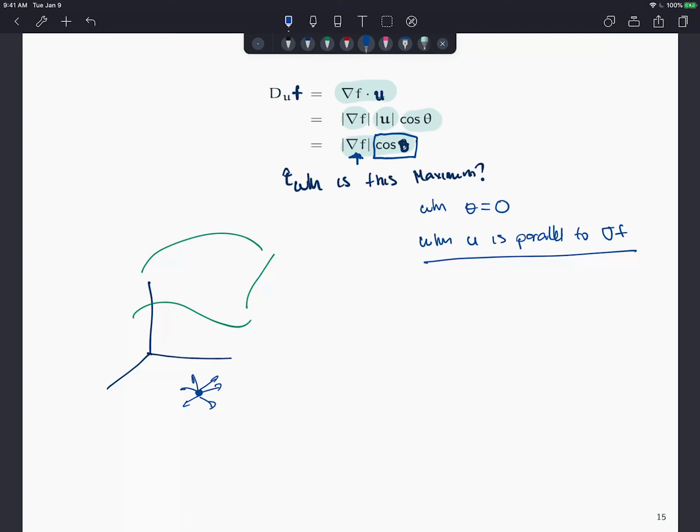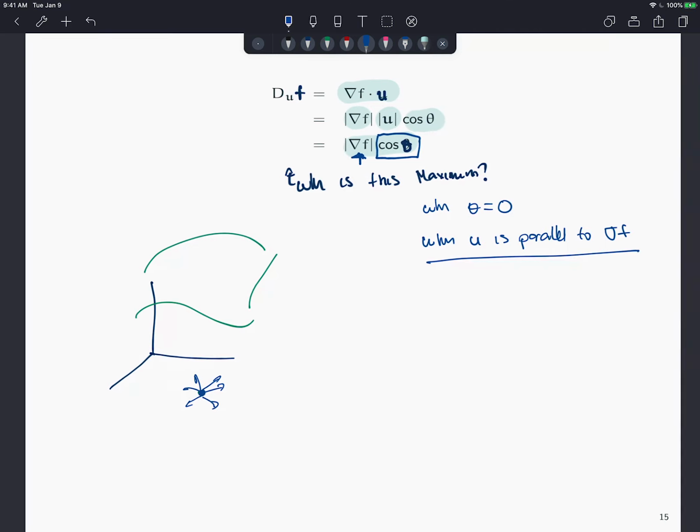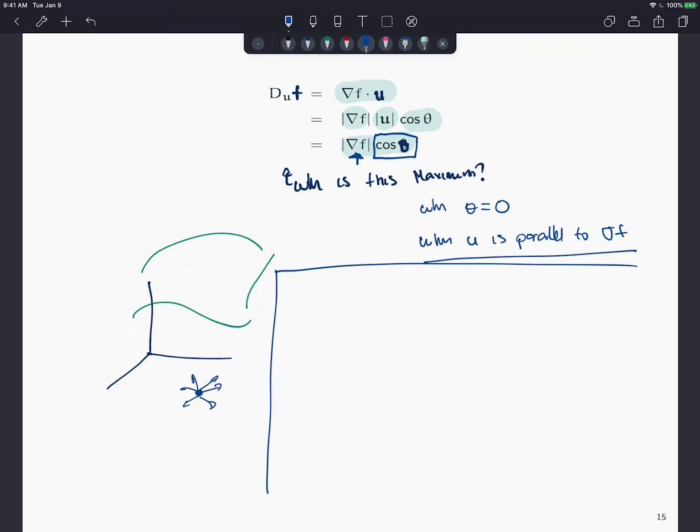A very simple example for that is if you have the function f of x, y equals x squared plus y squared, its gradient is 2x comma 2y. So the gradient at each point is this vector field that's going outside. At each point, you have these vectors going outside.